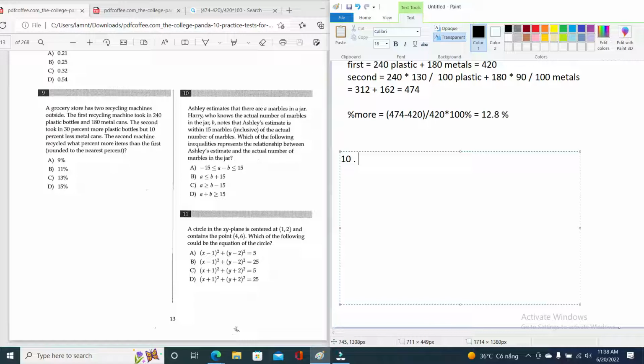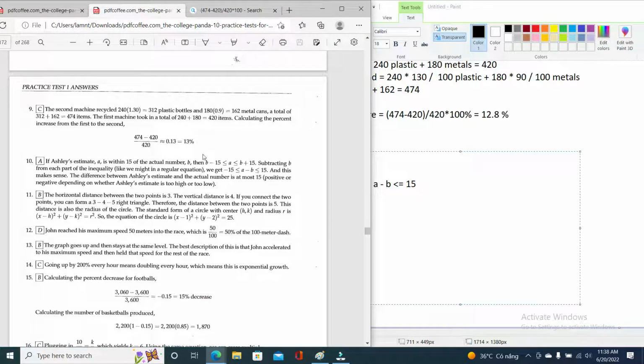Note that Ashley is within 15 marbles, inclusively, of the actual number of marbles. So we don't know if it's 15 up or 15 down. So we know that A minus B, we don't know because we don't know if it's 15 up or 15 down. So either A is bigger than B, then it's 15 up, but if A is smaller than B and it's 15 down, it has to be negative 15.